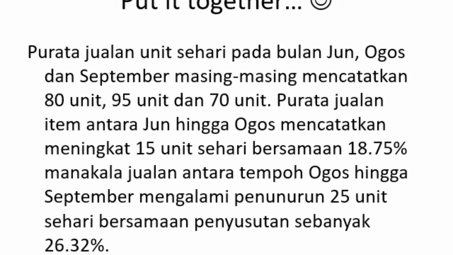Okay, data analisis. Purata jualan item antara Jun hingga Ogos mencatatkan peningkatan 15 unit sehari bersamaan 18.75%, manakala jualan bulan tempoh Ogos hingga September mengalami penurunan 25 unit sehari bersamaan penyusutan sebanyak 26.32%.